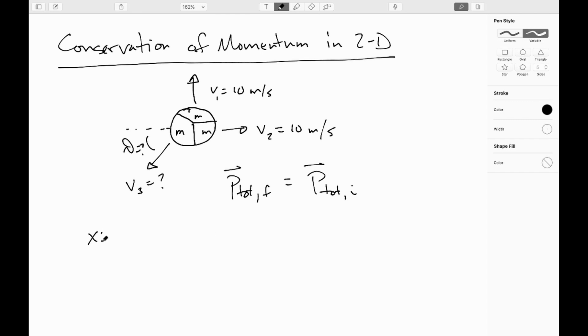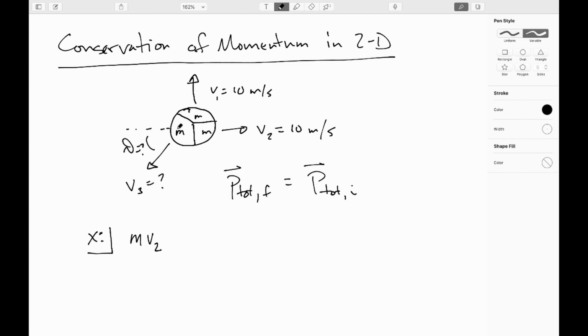So let's take a look at my x component. We can start by asking ourselves, do we have any shards that are flying either totally or partially in x? Well, v1 doesn't count, it's moving purely in y. v2 is moving in x, and its momentum would be mv2. Remember, we're saying that the shards are all equal mass. And it's directed entirely along x, so I don't need to take any components.